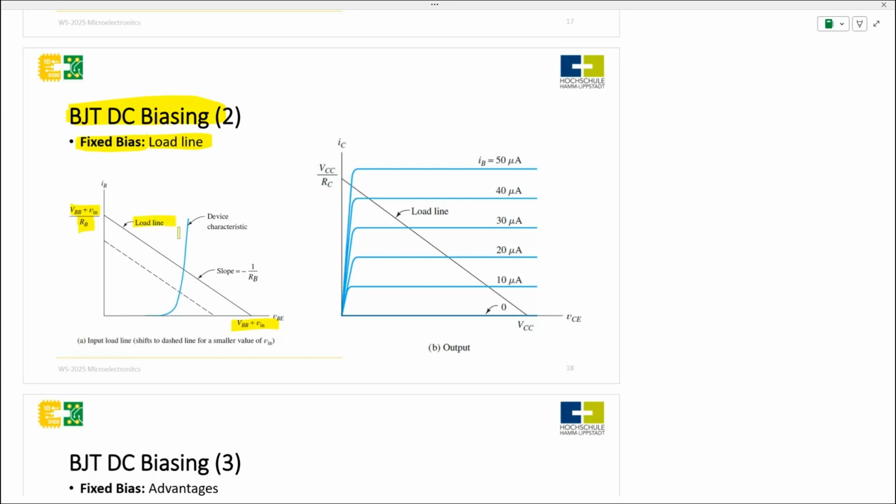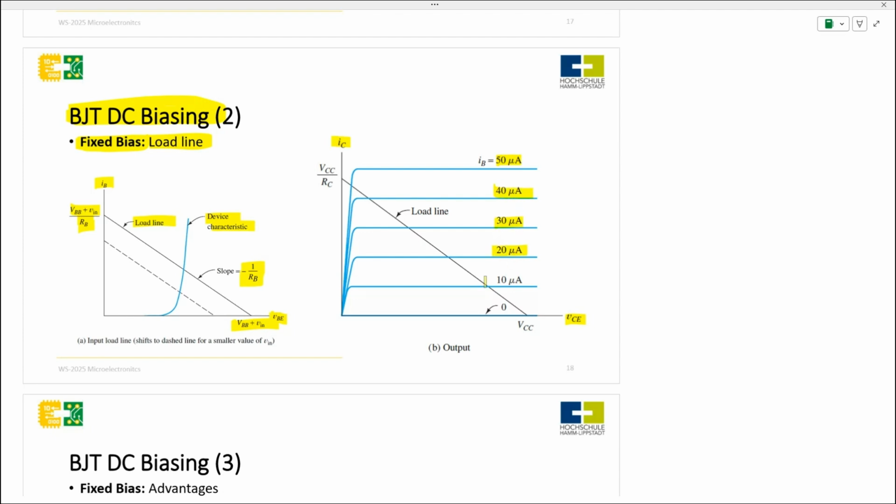Here we have our load line, and here is the device characteristics, and the slope is minus 1 over RB. And for the IB, for sure, it is in proportion with VBE, but for VCE and IC it is a bit different. For each value of IB, there is a point.